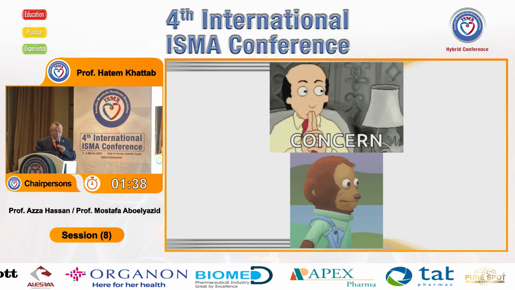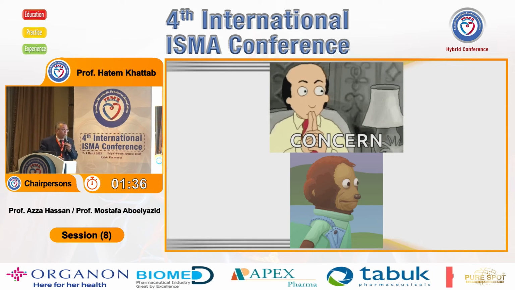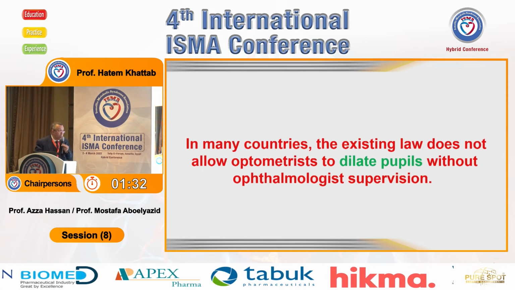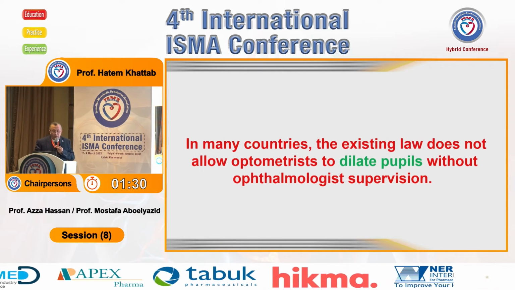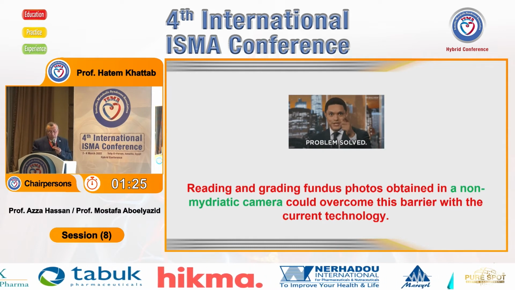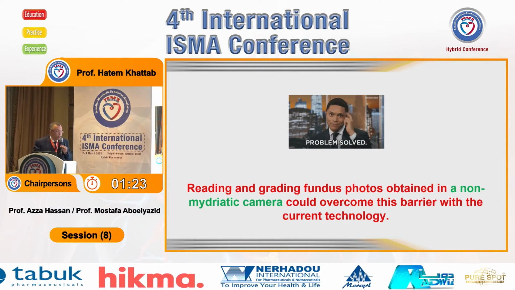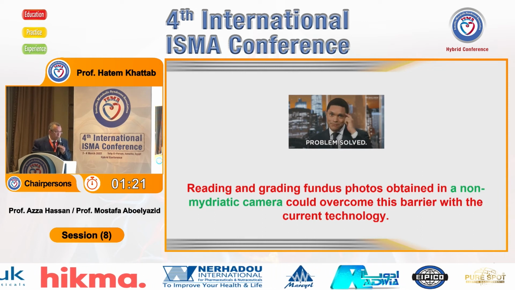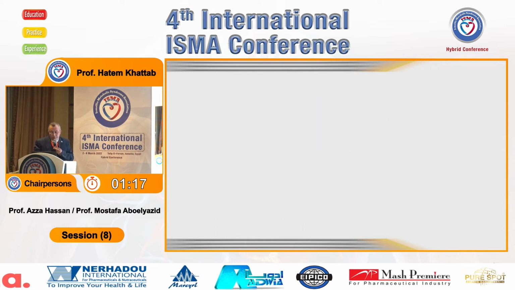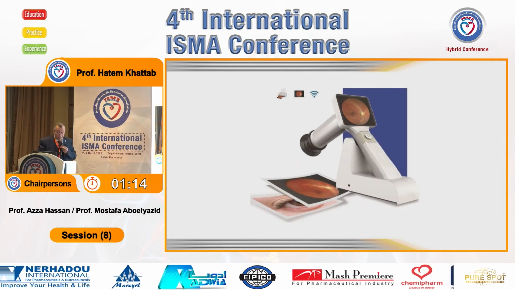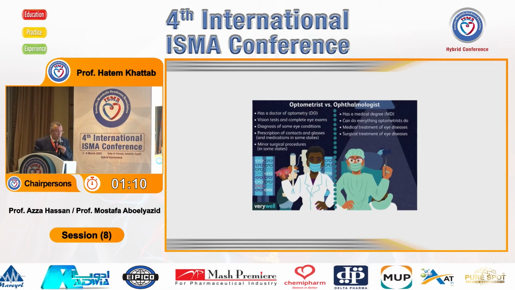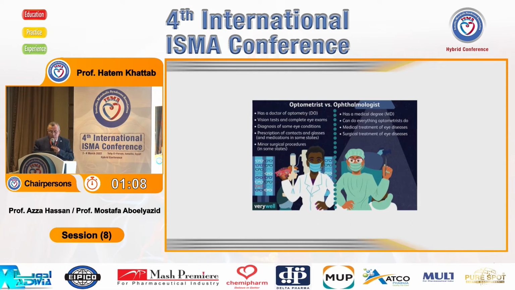The concern is that in some countries, optometrists are not eligible to dilate the pupil, only ophthalmologists. This has been overcome by the invention of non-mydriatic retinal cameras. In some cases, we use cameras that do not need mydriasis, like this. These are the main differences between ophthalmologists and optometrists, who does not know.